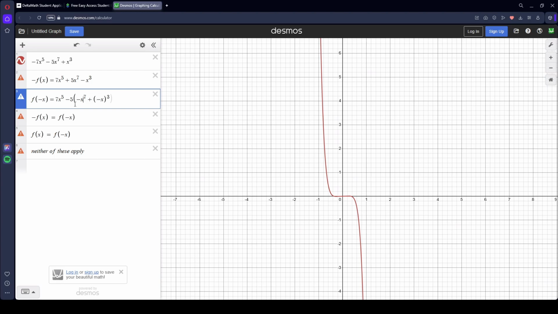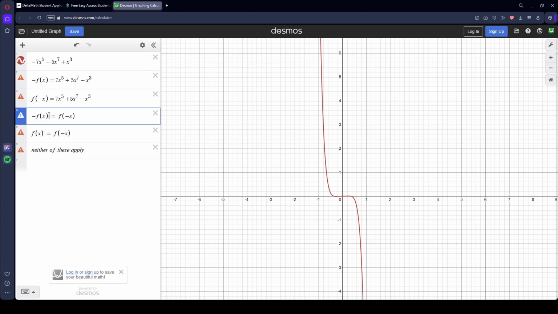That would be negative x to the power 7. And times negative 5, that would be 5x to the power 7. Nice. And now we do negative x to the power 3. That's just negative x to the power 3. We see this is f of negative x.